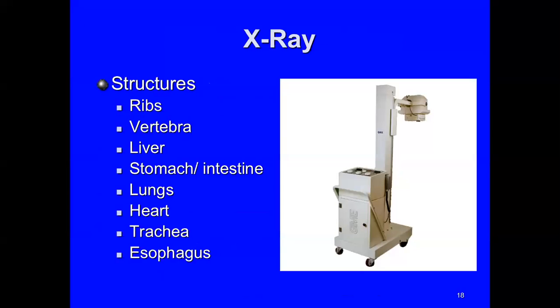Then after, we can see the abnormal X-ray findings in a case of respiratory distress. First of all, the structures we can see in the X-ray: the ribs, the vertebrae, the liver, the stomach and other parts of the intestine, the lungs, the heart shadow, the trachea, and the esophagus.